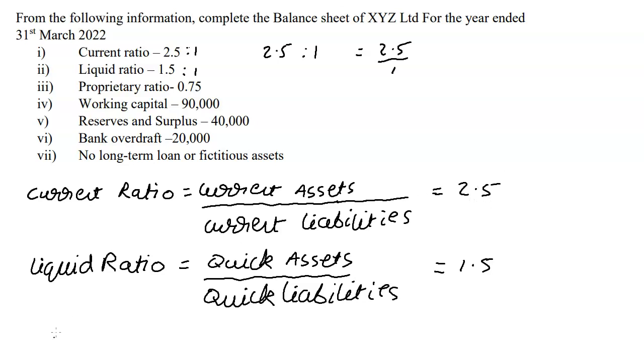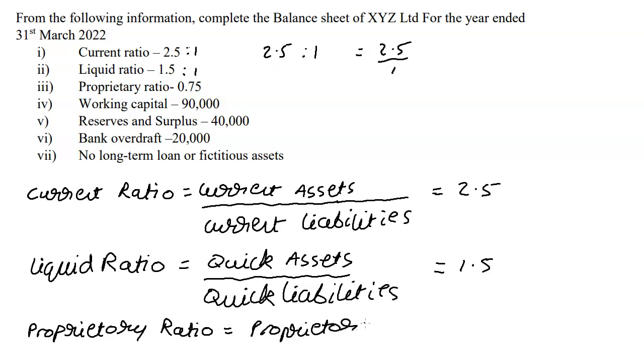Anyway, here we are. Proprietary ratio is equal to proprietor's funds upon total assets, which we've been told is equal to 0.75.